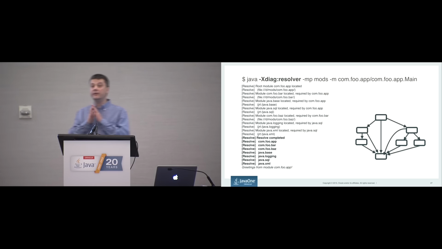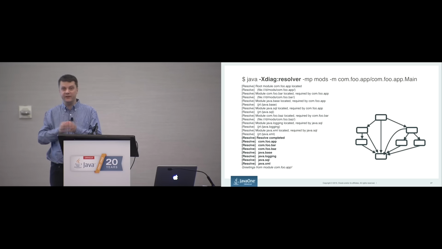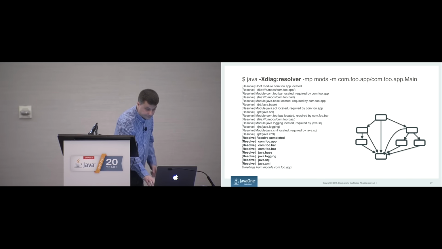Okay, everything that we've done so far has been very basic command line: compile, got my output directory, everything is exploded on the file system. I want to spend a few minutes talking about packaging my modules, because packaging is important; I don't want to be shipping a big tree of class files around the place.